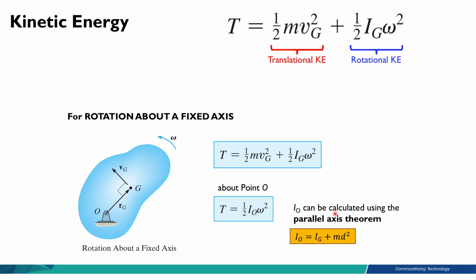IO, of course, can be calculated using the parallel axis theorem that states IO is equal to Ig plus md square. Ig is the mass moment of inertia about the center of gravity. M is the mass of the rigid body. D is the distance between point G and point O. In this case, this is equal to Rg. That is for rotation about a fixed axis.